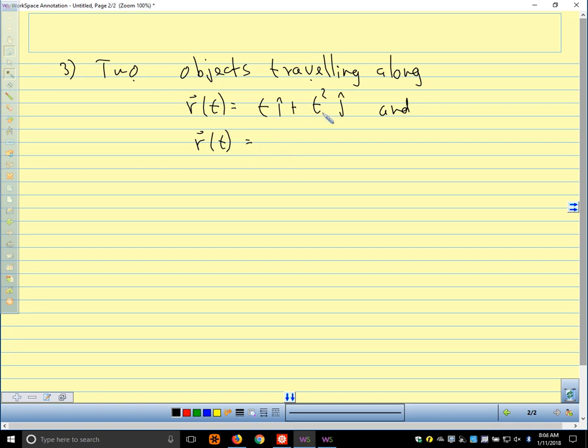A parabola, right? y equals x squared. And I'm going to say u of t, not the same curve, is 2 plus t. Will collide.